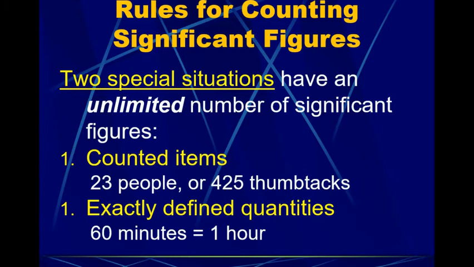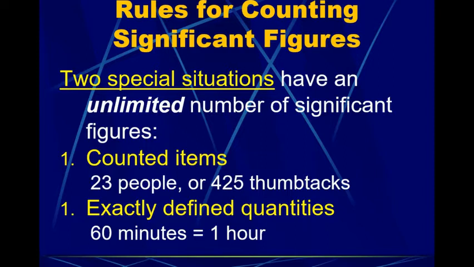There are a couple of special situations that have what's called an unlimited number of significant figures. Counted items. For example, there are 26 students in this classroom. If you get any other number but 26, you're simply wrong. So that's called a counted digit.